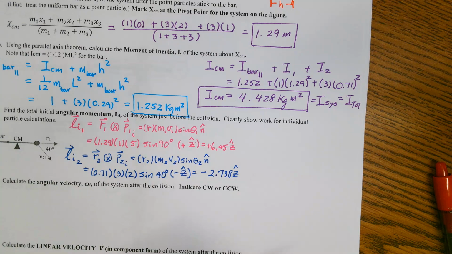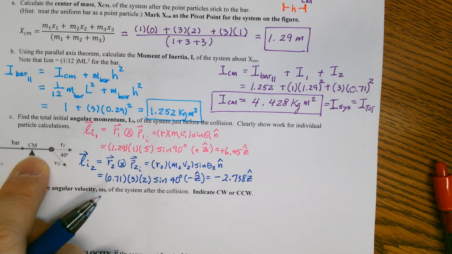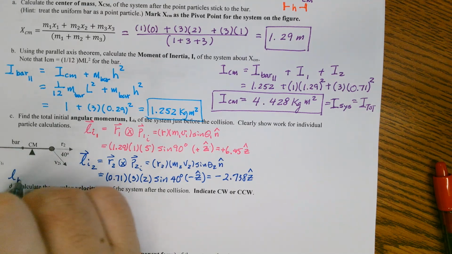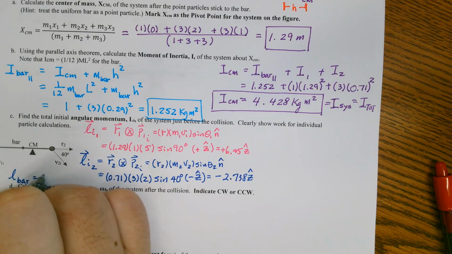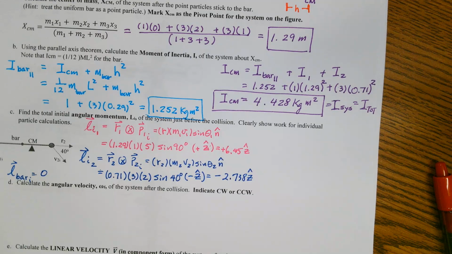Okay. Well, the bar itself was not moving initially, so L bar is equal to 0 initially, because that's not moving.